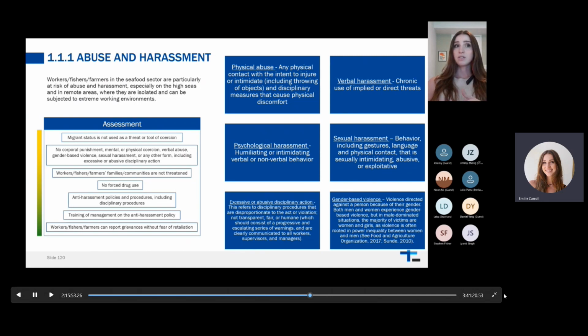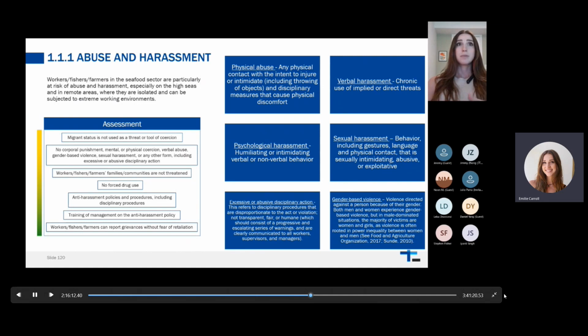And then gender-based violence. So that's violence directed at someone based on their gender. It affects both men and women, but the majority of the victims are women and girls, as the violence is actually often rooted in power inequality between men and women. So that's where it tends to come from.